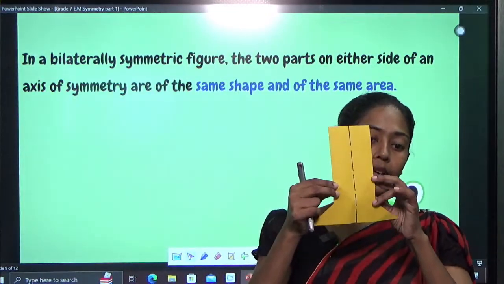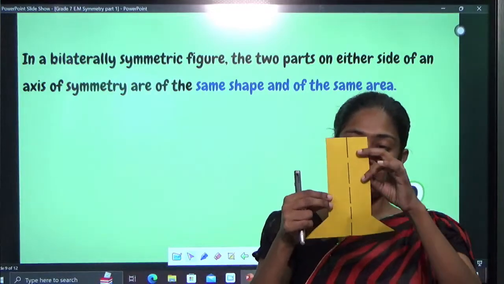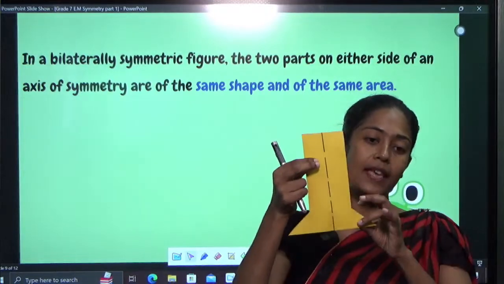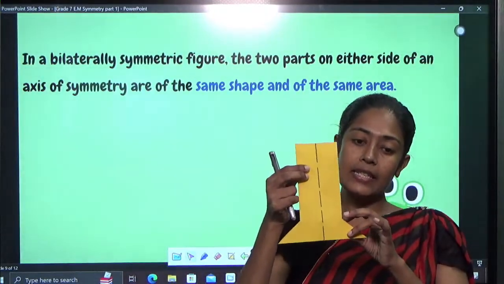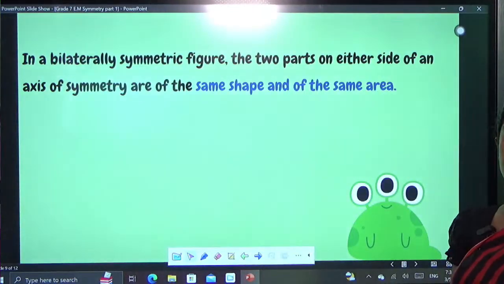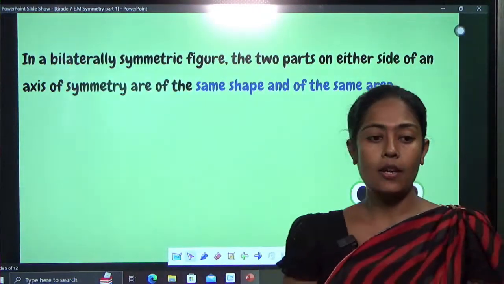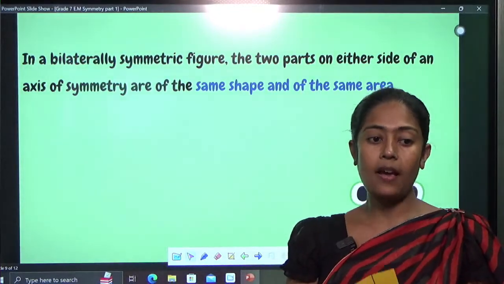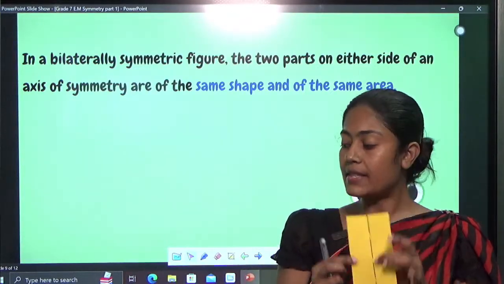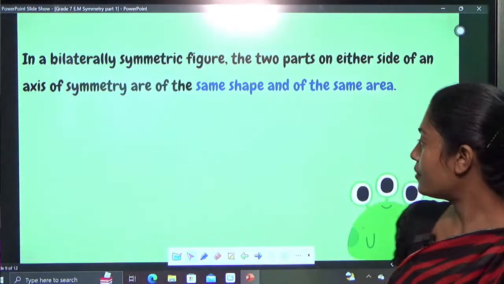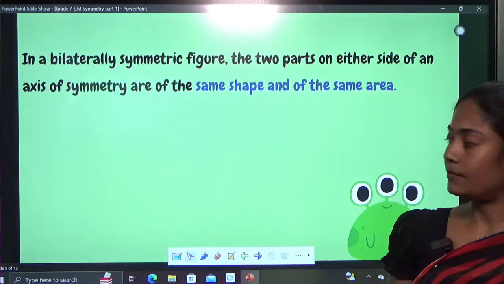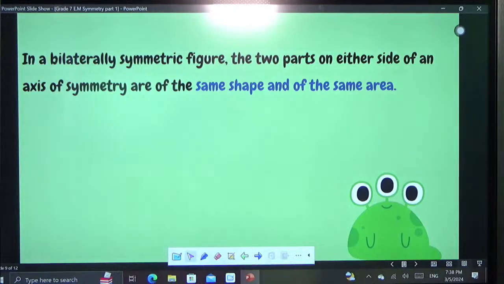Both sides have equal shape, and also you can identify that the area of the figure is also the same, right? So, in a bilaterally symmetric figure, the two parts on either side of an axis of symmetry are of the same shape and of the same area. So, you have to note down this one also in your exercise book. I will give you 2 minutes for that.